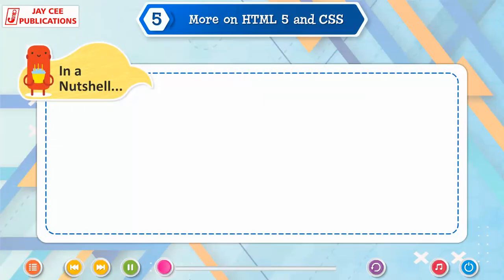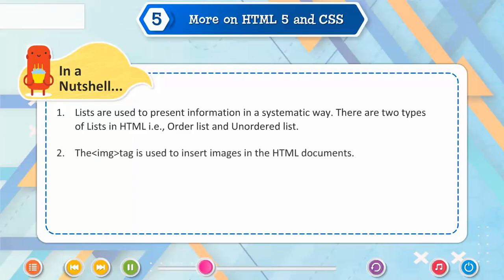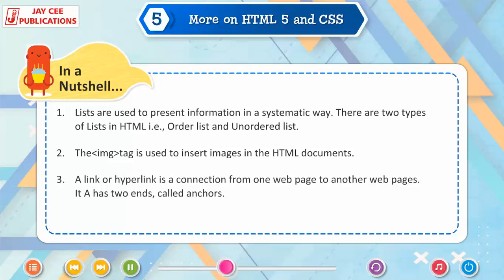In a nutshell, 1. Lists are used to present information in a systematic way. There are two types of lists in HTML, that is ordered list and unordered list. 2. The image tag is used to insert images in the HTML documents. 3. A link or hyperlink is a connection from one web page to another web page.